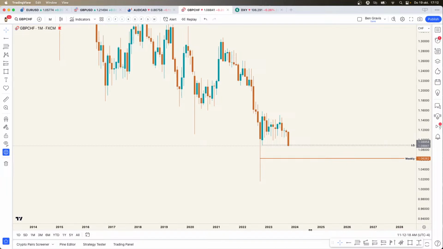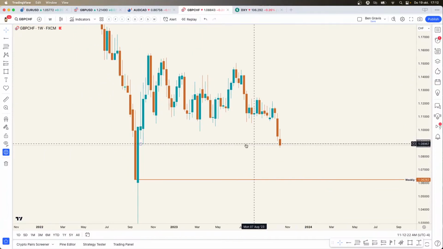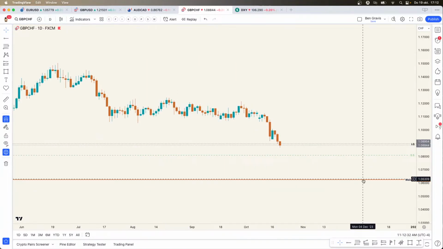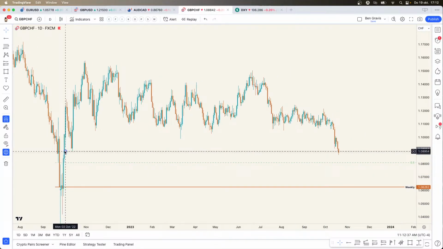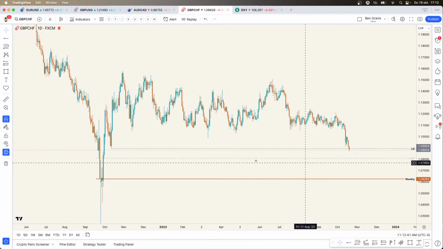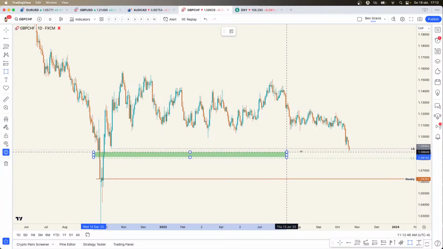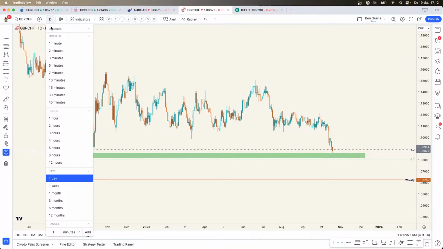UPCHF or Swiss, currently below liquidity level. And we have this weekly order block here. And the EQ of that order block. So here as well, we can see this zone as a support zone that might flip bullish.